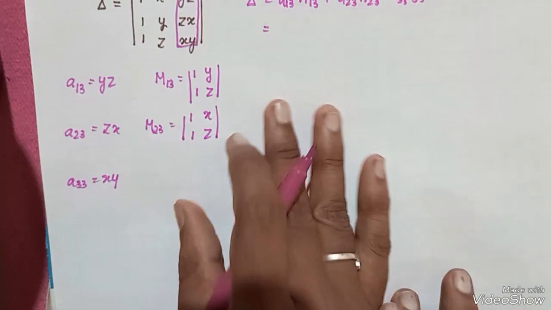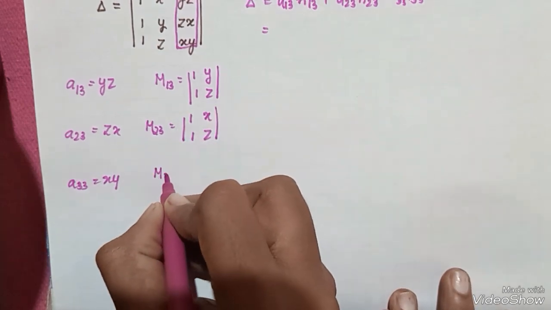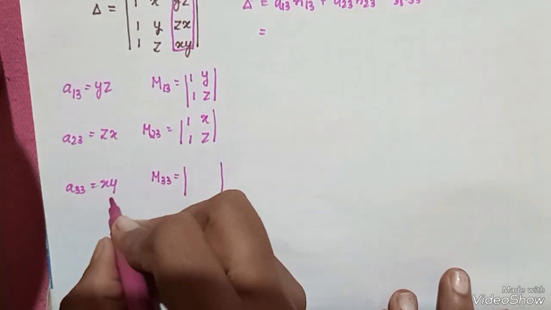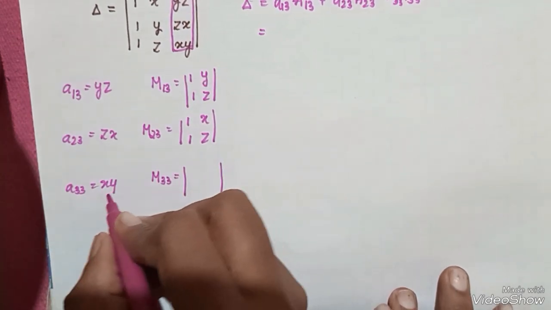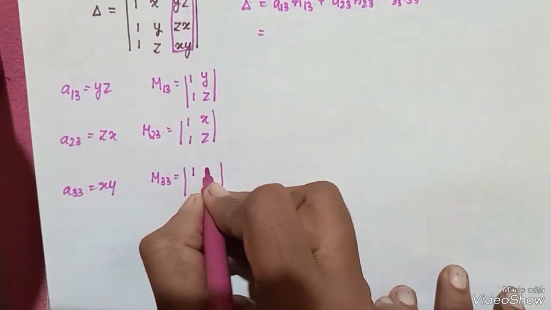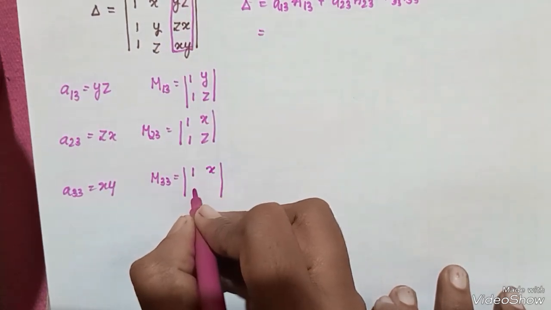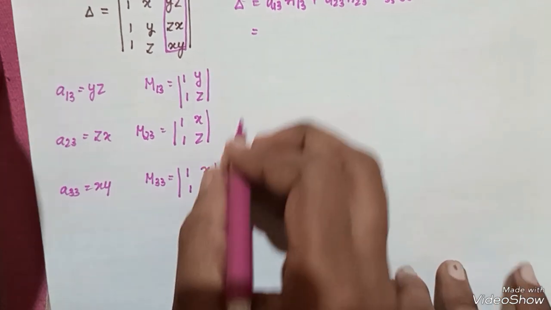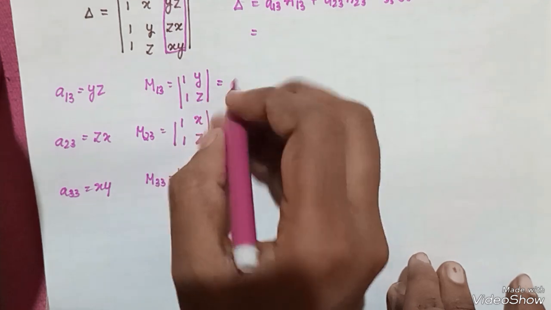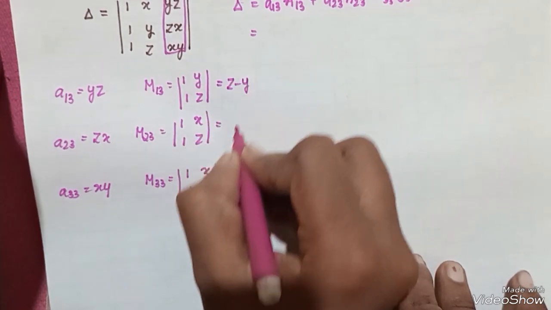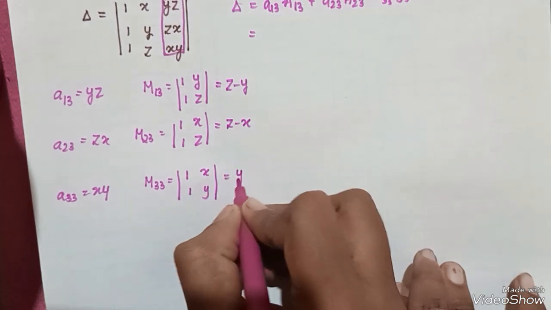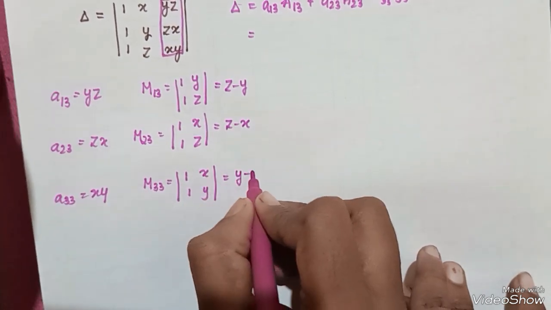Again M33, that is for xy, neglecting this row and column, we get 1 x, 1 y. Then the values are: 1 into z, z minus y; z minus x; and 1 into y, 1 into x, y minus x.